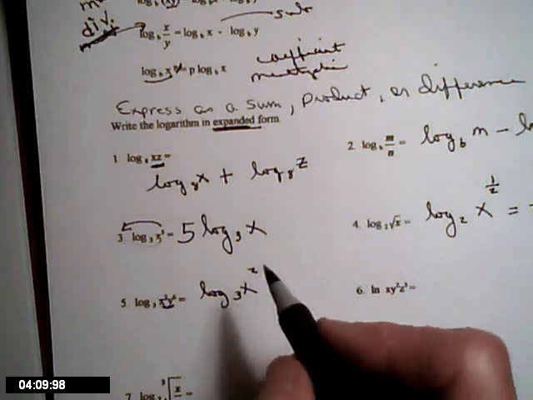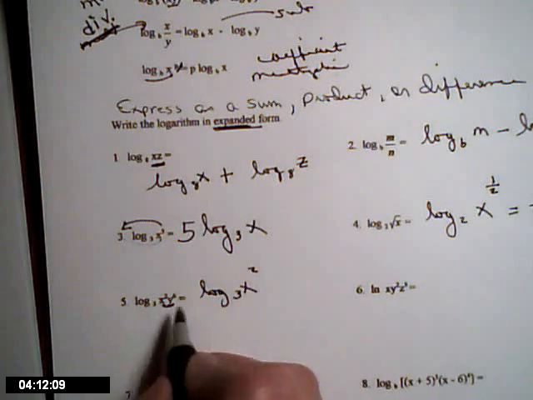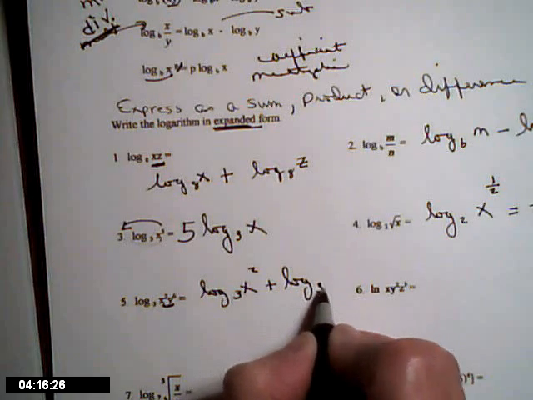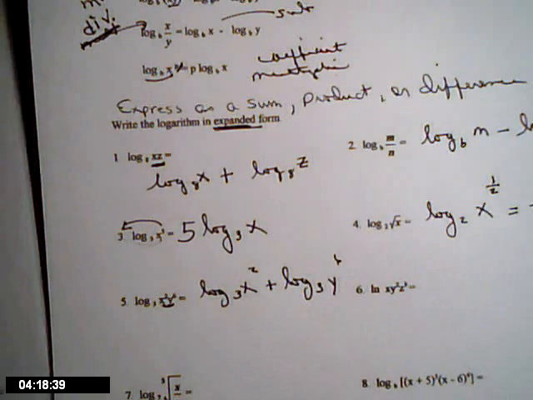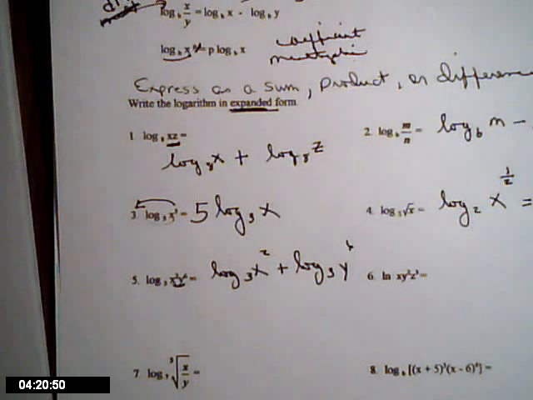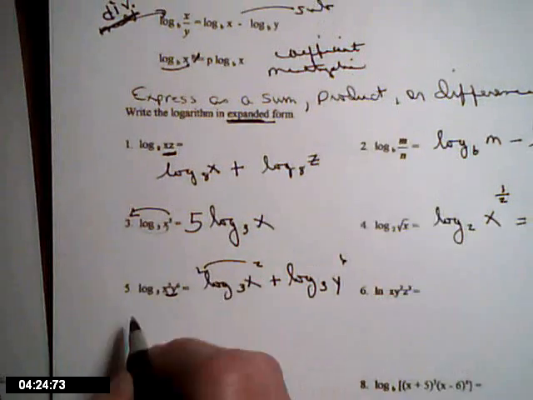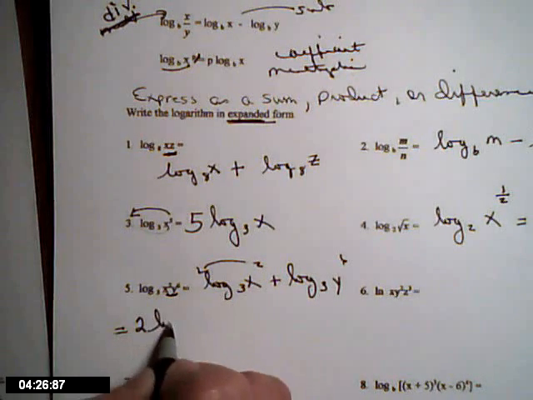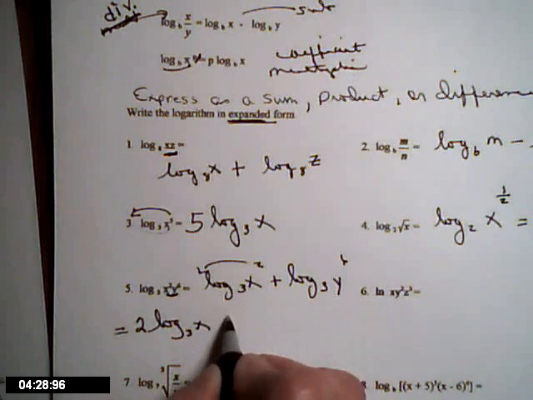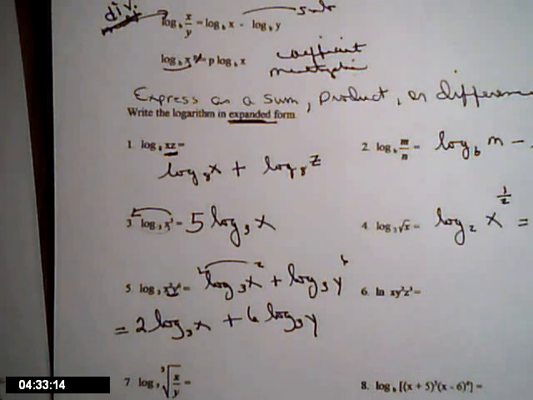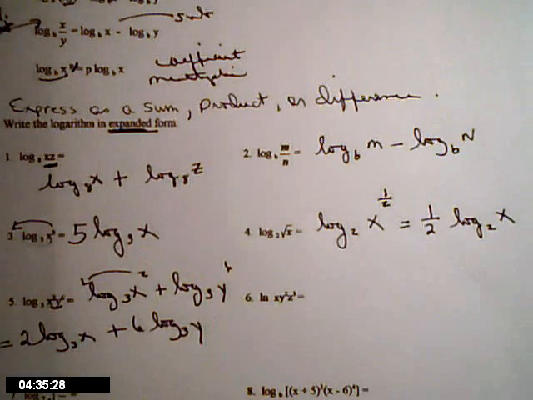Now, because of this multiplication, I'm going to be adding. So this is going to be log base 3 of y to the 6. Now I have another step to simplify here, because I have these exponents that can come over in front. So we will have 2 log base 3 of x plus 6 log base 3 of y, and that would be complete.